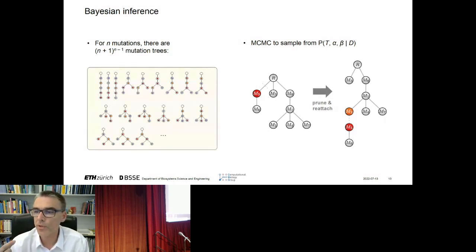We can compute the likelihood in time linear in the number of cells, and the space that we are searching is independent of the number of cells. So in other words, this is a good setup for a moderate number of mutations and a large number of cells. And we're searching this space by doing Markov chain Monte Carlo, so Metropolis-Hastings type of sampling in tree space, which has, among others, the prune and reattach step and a few other operations.